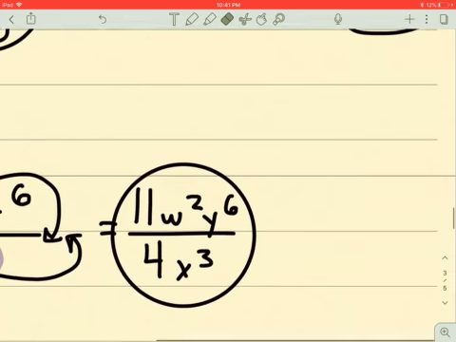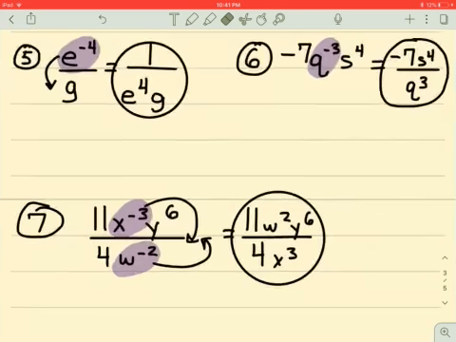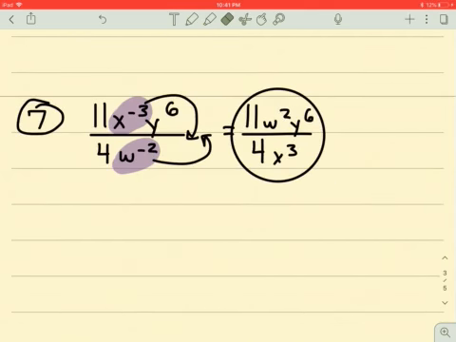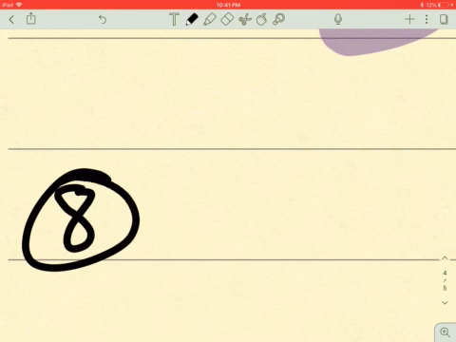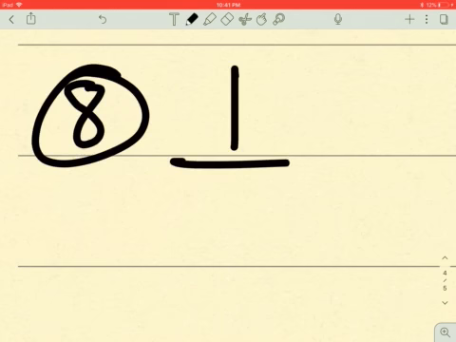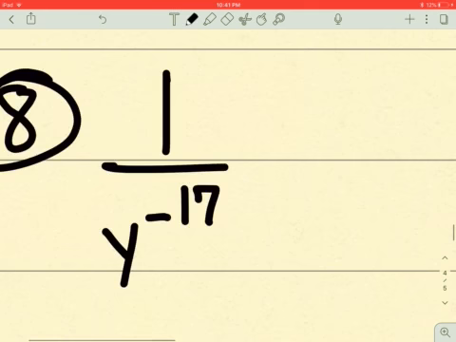All right, and very last one. That took up a little more space. Example number 8. The last one I could give you could give you some trouble. Maybe something that looks like this: 1 over y to the negative 17th. We'll make it totally different than your homework.